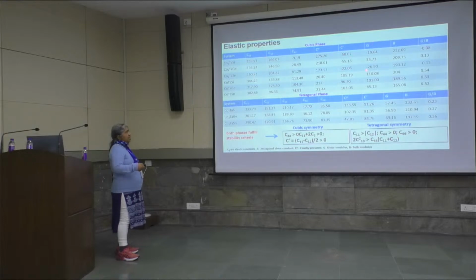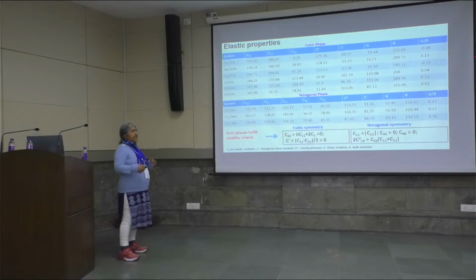G is the shear modulus, B is the bulk modulus, and the G/B value is a measure of malleability. There is an empirical formula given that when this G/B value is greater than 0.57, these materials are not so malleable.